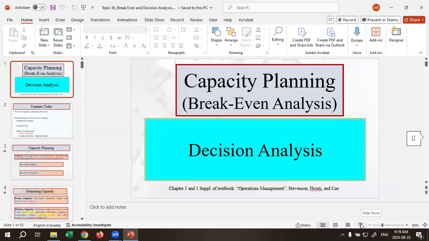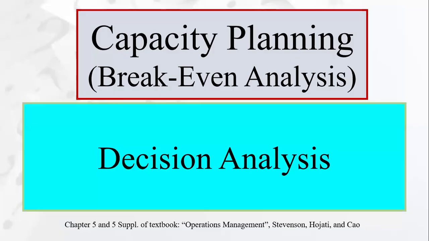So now we are going to look at decision analysis, like break-even analysis. There are so many analyses that you have in the decision-making process: break-even analysis, net present value analysis, Black-Scholes analysis, linear programming, sensitivity analysis, payback period analysis.